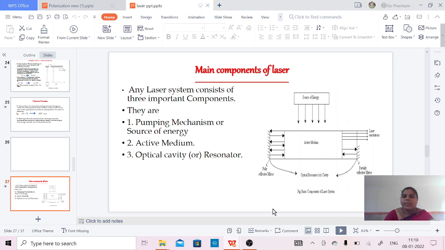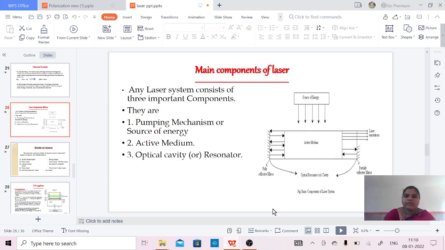And next, let us see the main points of a laser. Any laser system consists of three important components: a pumping mechanism or source of energy, an active medium, and an optical cavity or resonator. In the diagram, we have a source of energy, and there is an active medium having two ends.